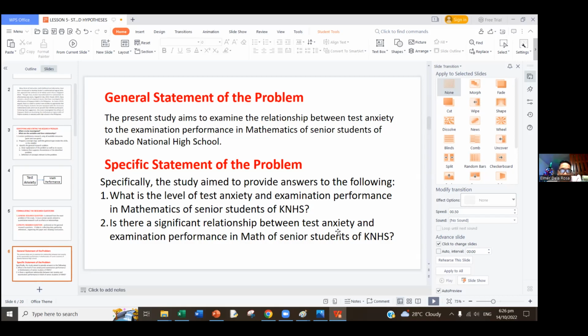Nakalagay na sa general statement of the problem yung math as the context. Nakalagay na rin yung coverage niya, senior, no? Not just high school but senior students. And then nakalagay na yung school. Pero sa thesis, pero sa publication, minsan hindi sinasabi yung pangalan ng eskwelahan.